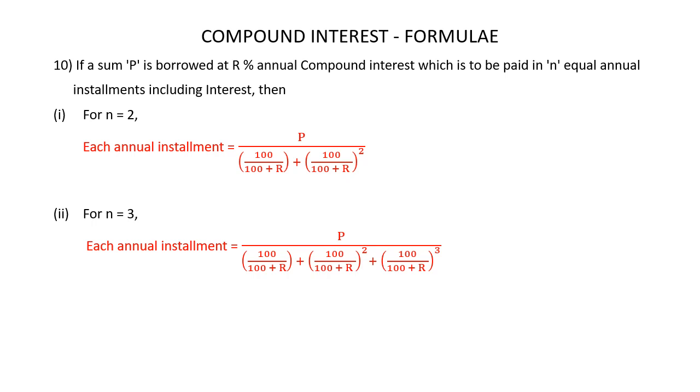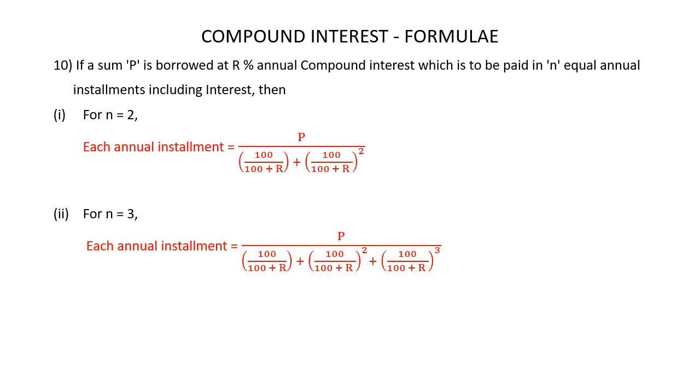The next formula in compound interest is used to find the annual installment. If a sum P is borrowed at R% annual compound interest, which is to be paid in N equal annual installments, including interest, then for N is equal to 2, each annual installment is equal to P divided by [100 by (100 plus R) plus (100 by (100 plus R)) the whole squared].